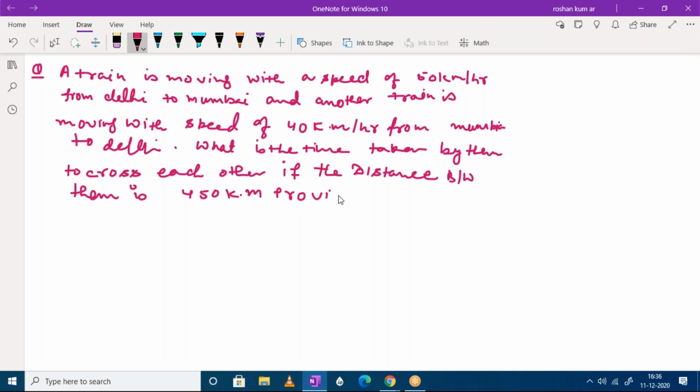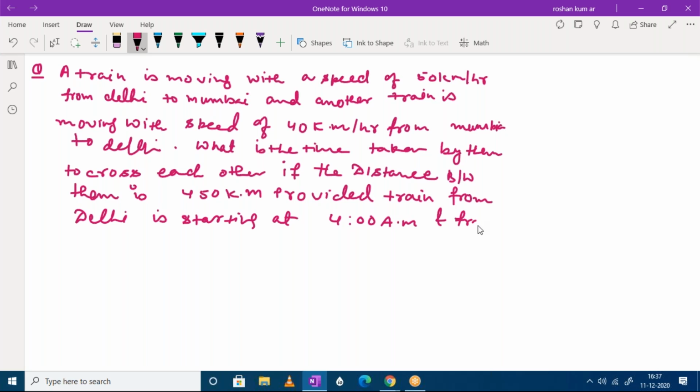Provided the train from Delhi is starting at 4 a.m.